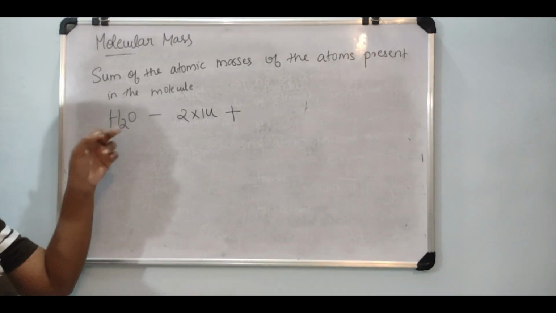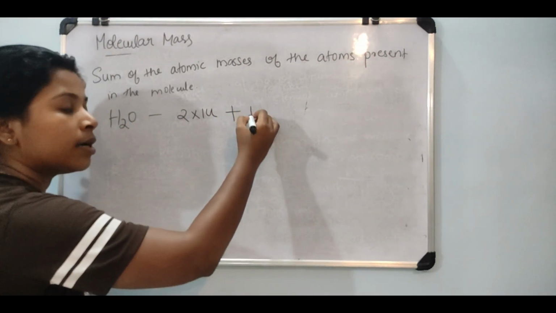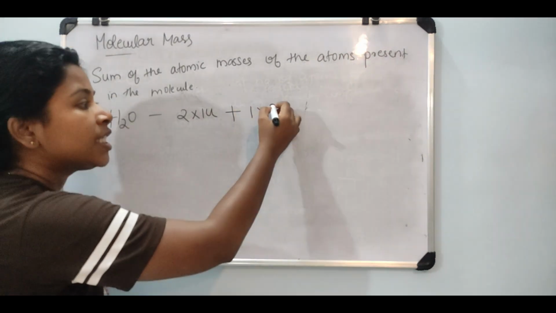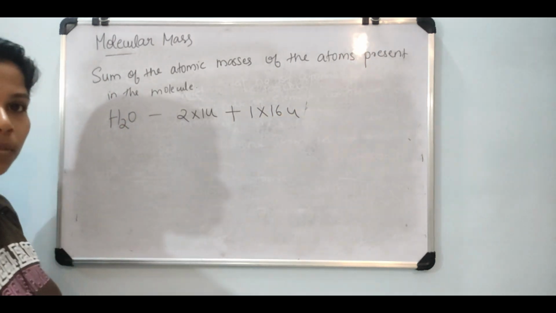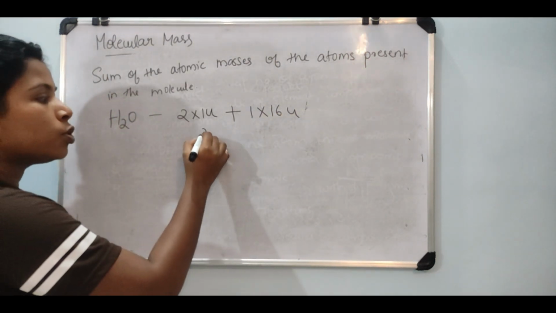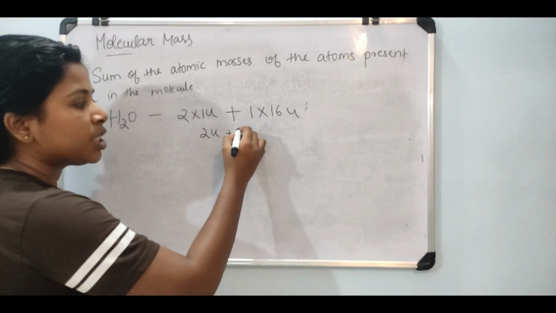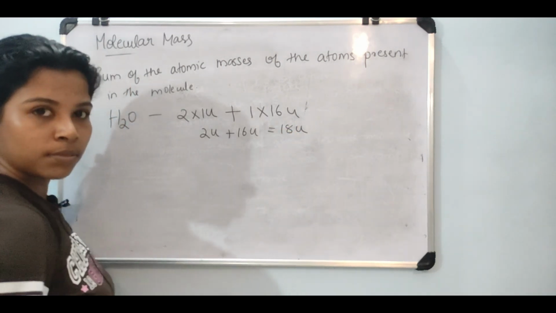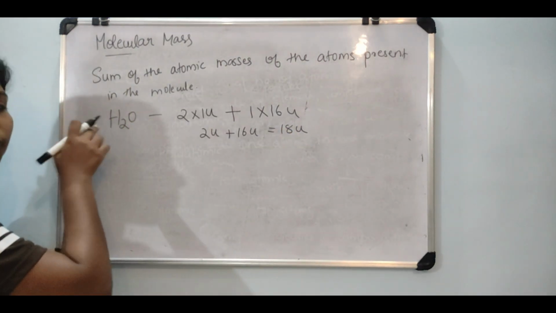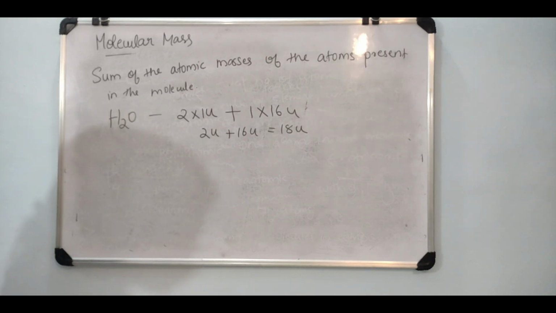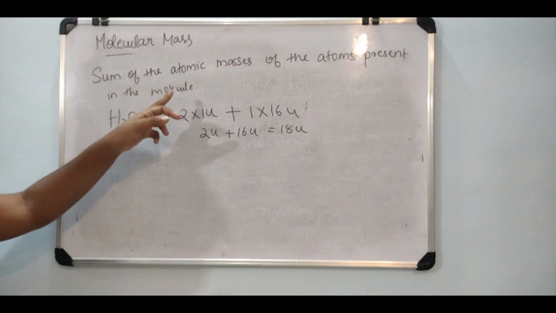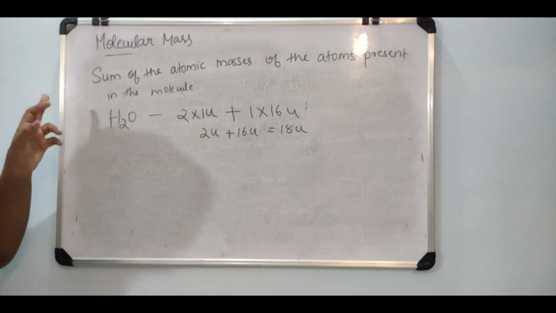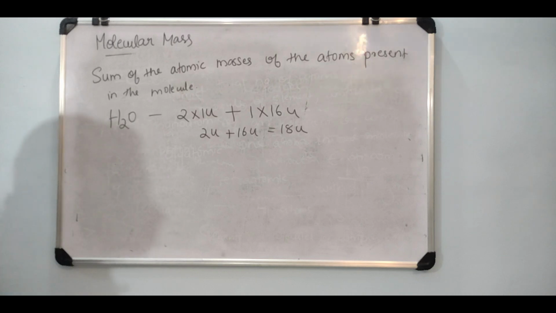Plus, how many atoms of oxygen is present? 1. And what is the atomic mass of oxygen? It is 16U. What is the total? 2 into 1U, 2U, plus 1 into 16U, 16U, which is equal to 18U. That is the molecular mass of water. So what is molecular mass? It is the sum of the atomic masses of all the atoms present in the molecule of that substance.